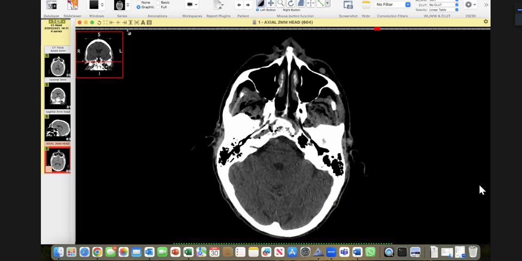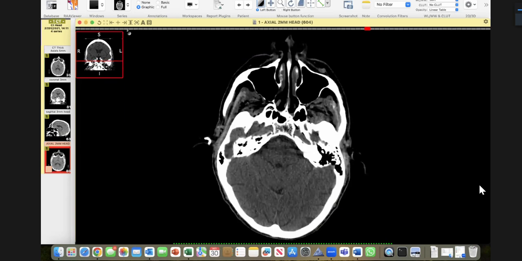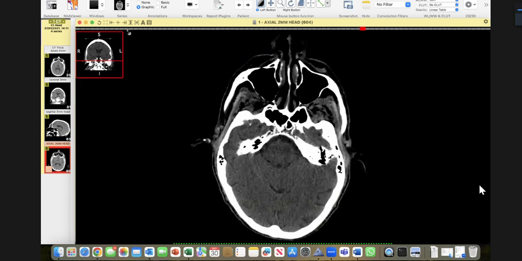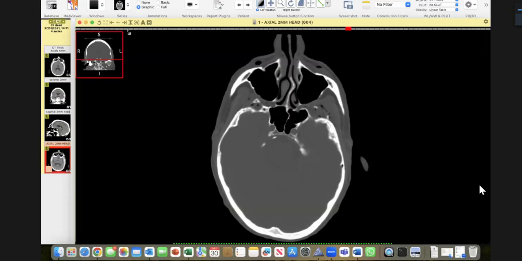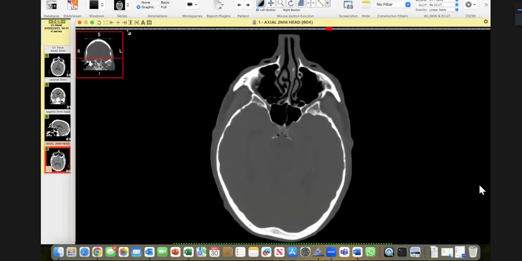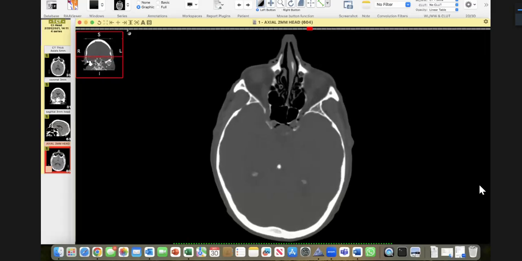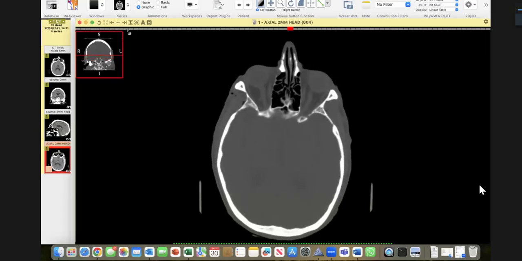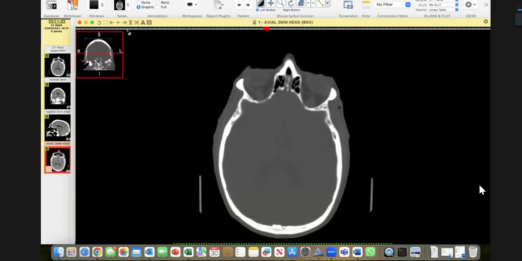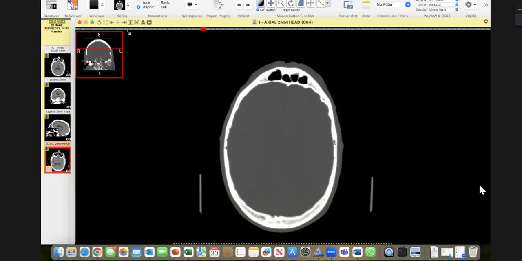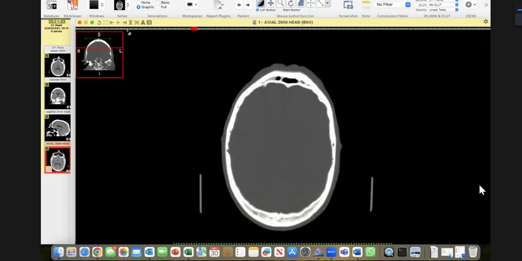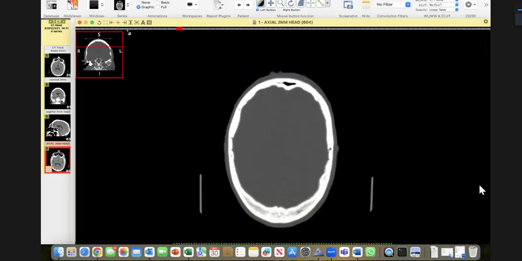In my actual practice, I would also look at bone windows to look for any sign. I cannot appreciate any major signs of sinusitis.